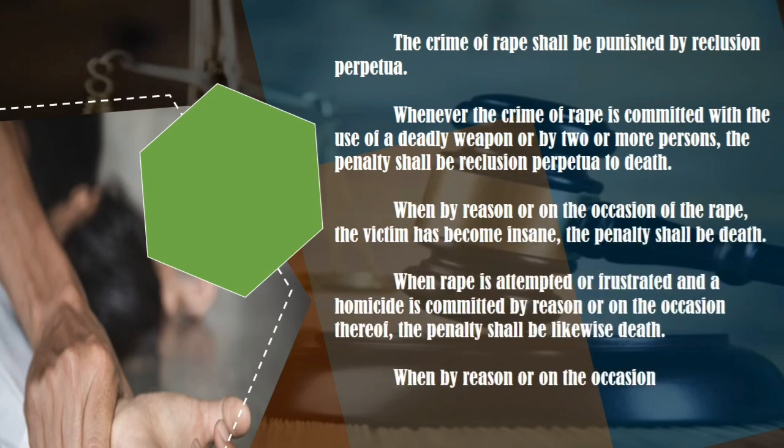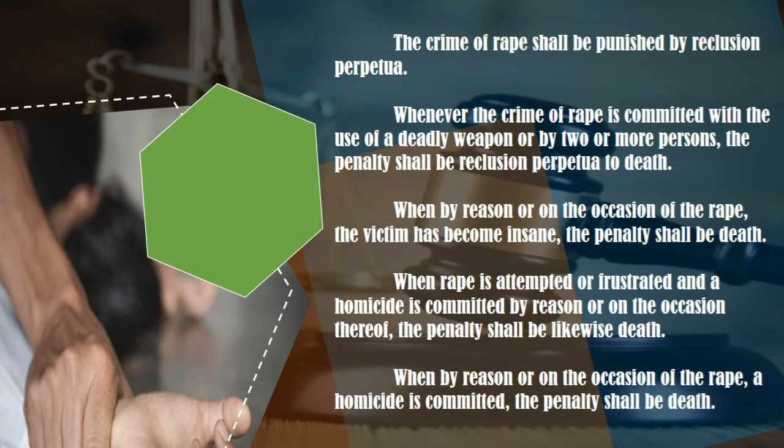Now, whenever the crime of rape is committed with the use of a deadly weapon or by two or more persons, the penalty shall be reclusion perpetua to death. And when by reason or on the occasion of the rape, the victim has become insane, then the penalty shall be death.